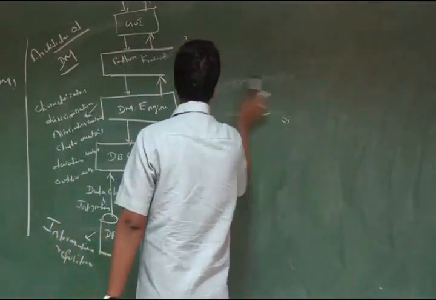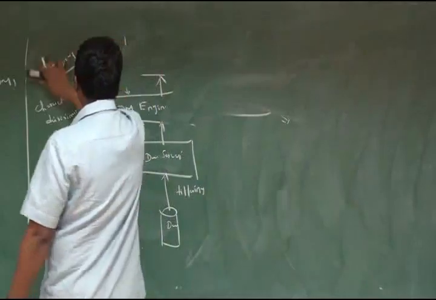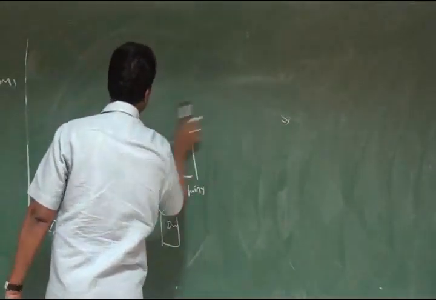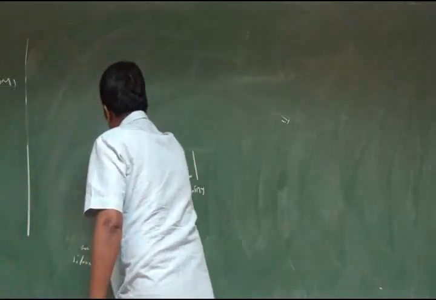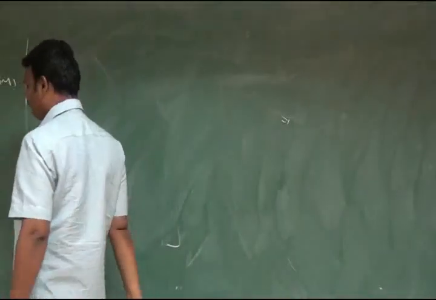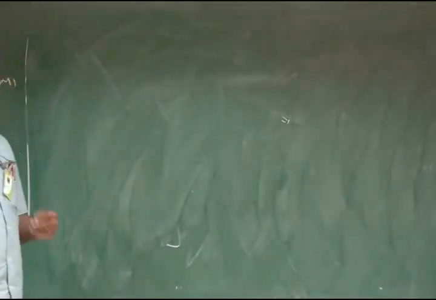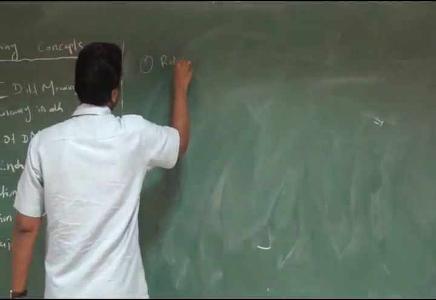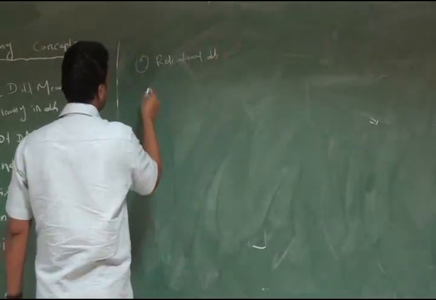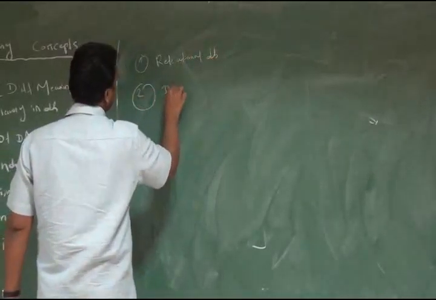The next one, the kinds of data store. What kinds of data store can data mining be performed on? There are different kinds of data store. The first one is the relational databases. The second one, data warehouse.